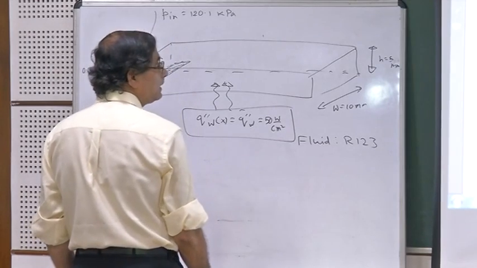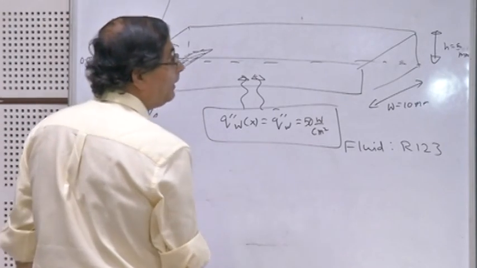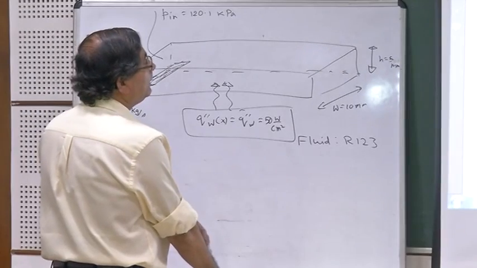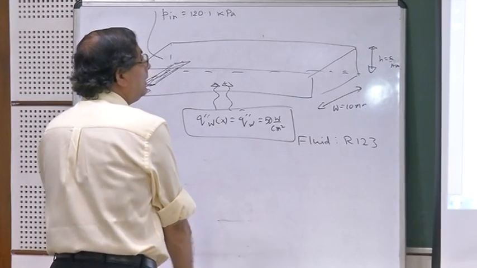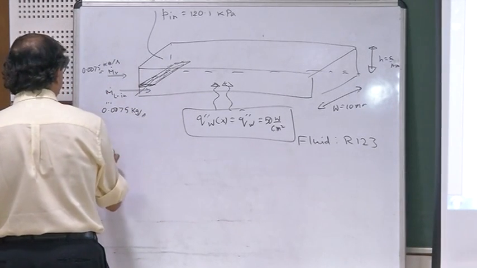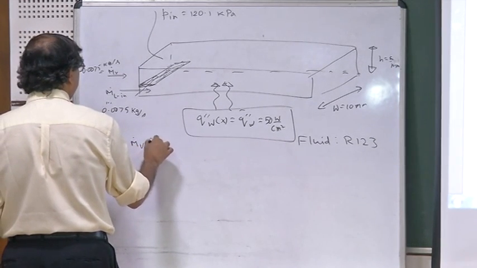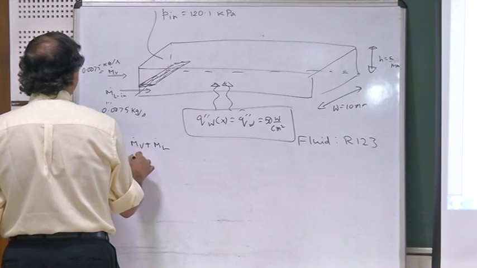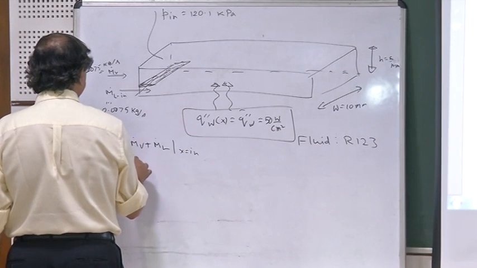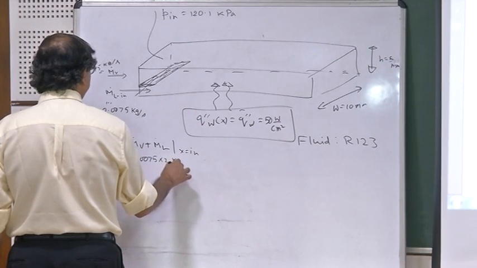So the first question is, what should we have as exit quality? Inlet quality: m dot total is m dot v plus m dot l, so at X equal to inlet it is 0.0075 times 2 kilogram per second.